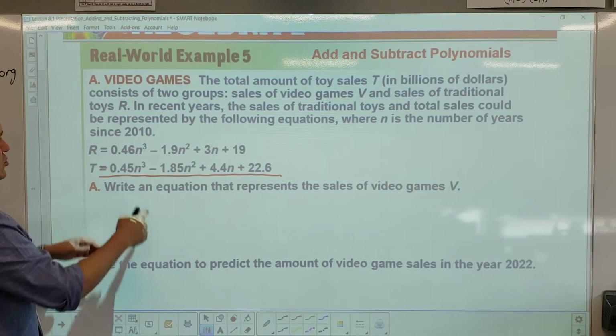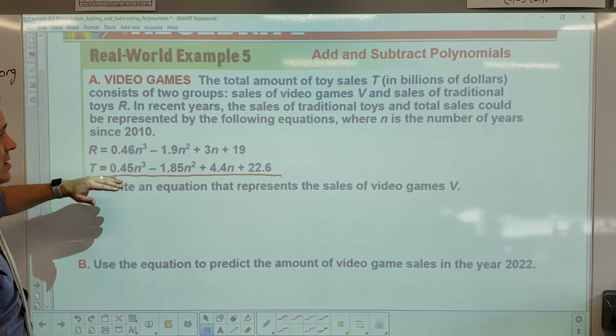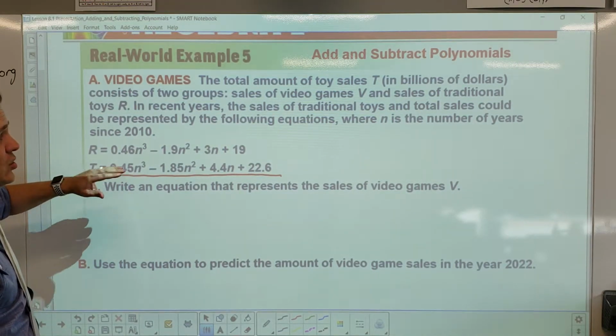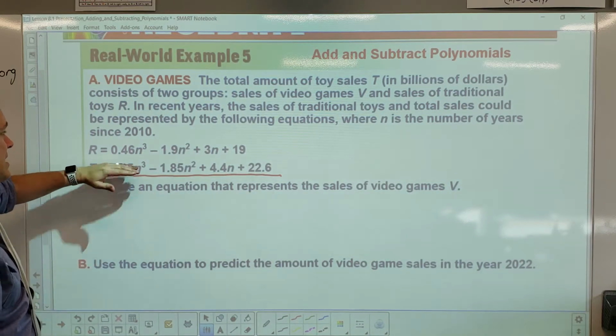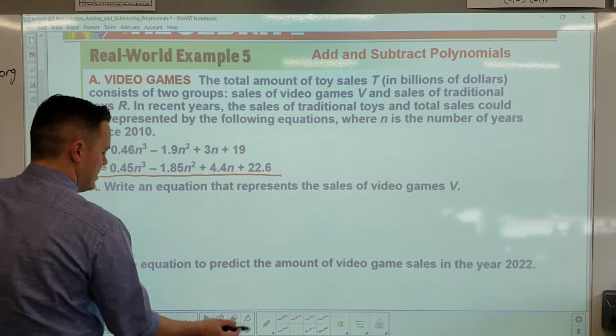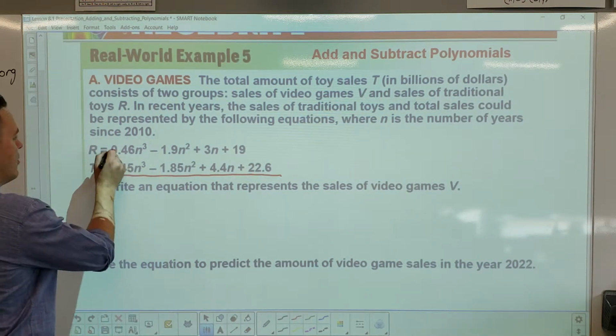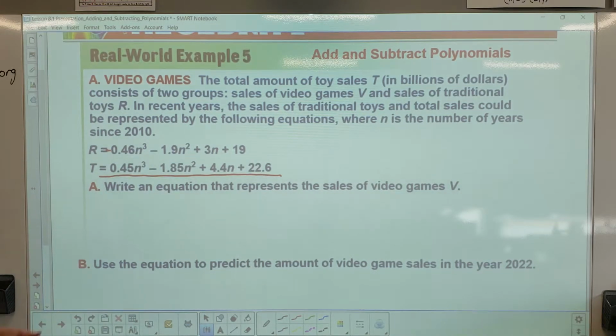If you subtract R from your total sales T, so the amount totally sold, you should get the actual total sales of video games.